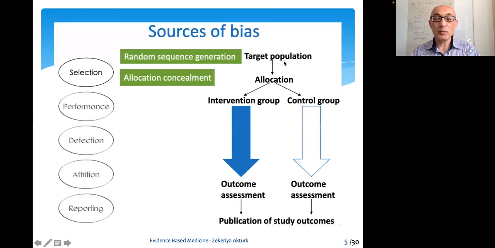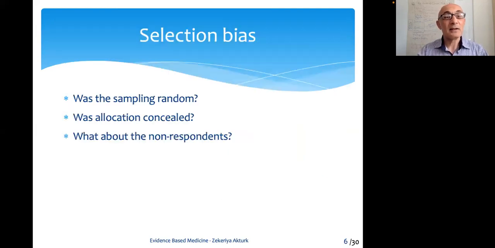After selecting your population, you have to allocate them into the two groups, if it is a randomized controlled study, of course. So how did you do this allocation? Was it also random? And more important, or at least similarly important, is it concealed? Was the researcher or the data collector aware which particular patient is going to enter which study group?